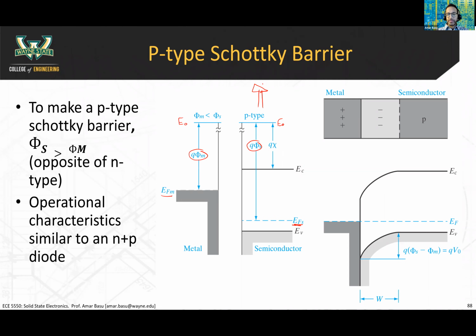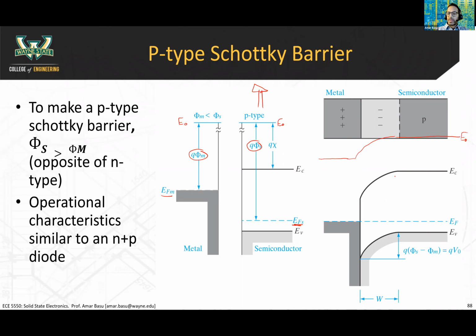When the Fermi levels line up, E0 for the semiconductor will be higher than the E0 in the metal, so there will be some band bending downward like this.